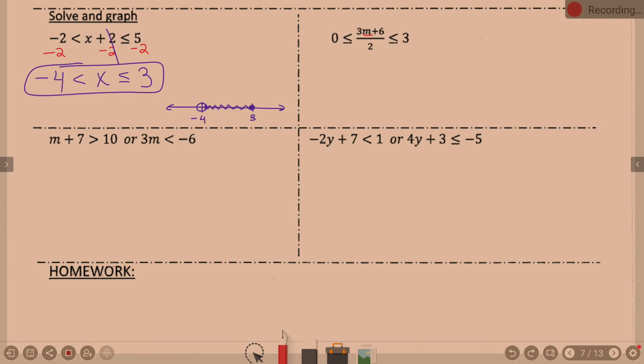Divided by 2. So how do you undo divide by 2? Multiply. We multiply by 2. That means I'm going to multiply by 2 in the middle. If I multiply by 2 in the middle, I've got to multiply by 2 all the way around, on the right and on the left.